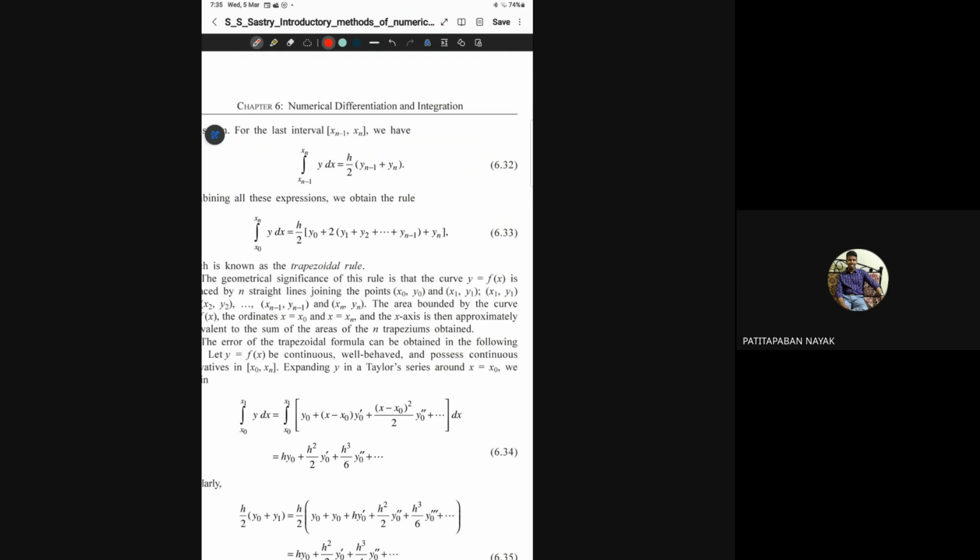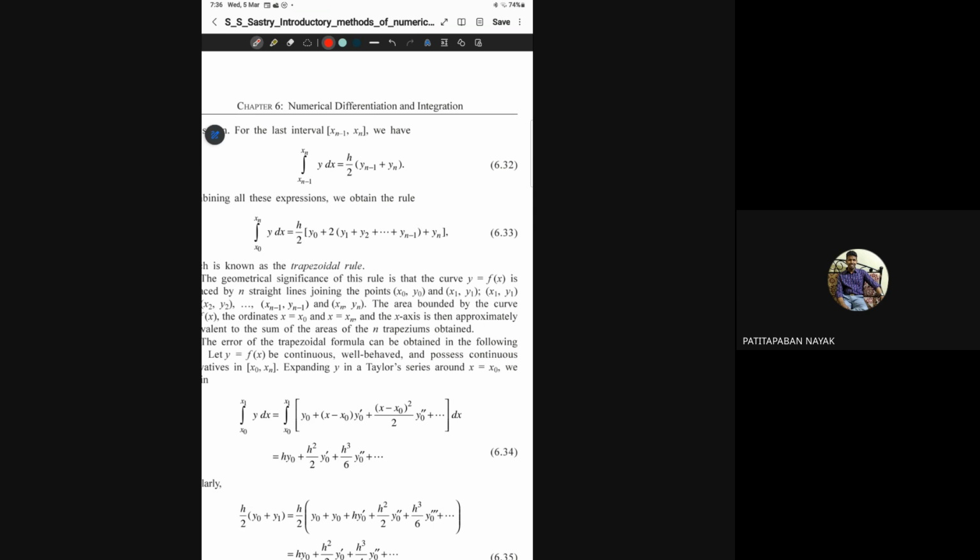The point is, if you are given a function, you can find out, let's say, 10, 20, or n number of data points for x. Once you know the x points, you can find out the y points. If you are given the starting point of x and the ending point of x, then you divide it into maybe 10 steps or 20 steps or 100 steps. Then you know the step length and the points.